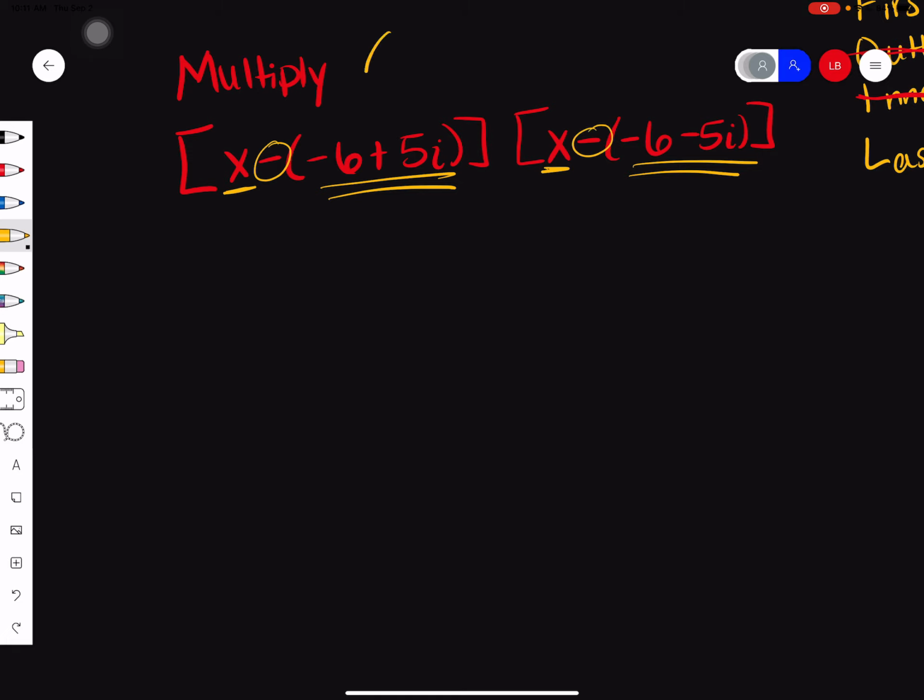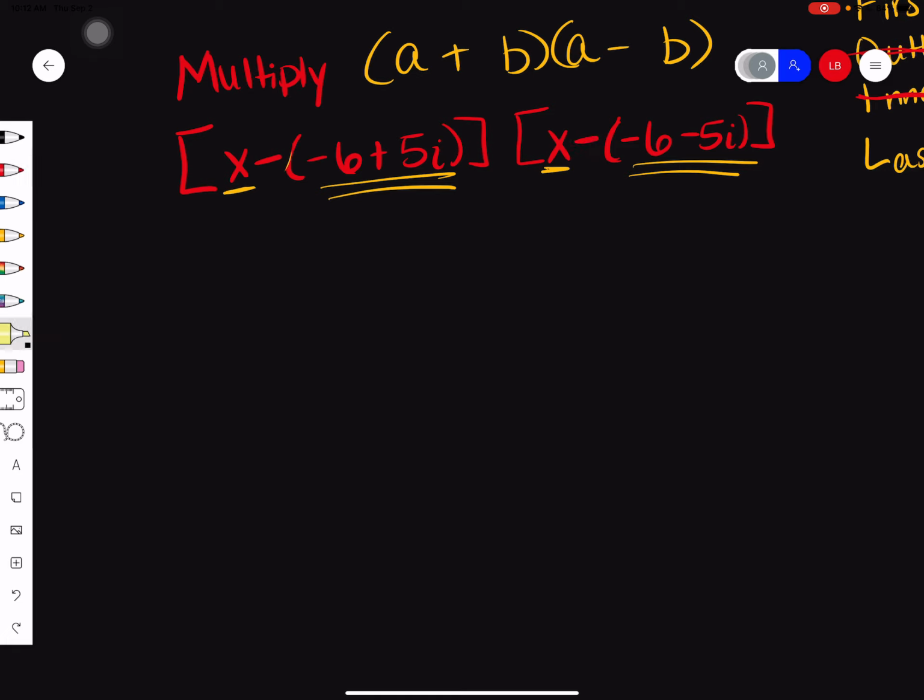We need the first terms to be the same and the second terms to be the same, but one positive and one negative. So at this point, I cannot use that rule. Let me erase these circles I made, because I don't want to mess up anything.